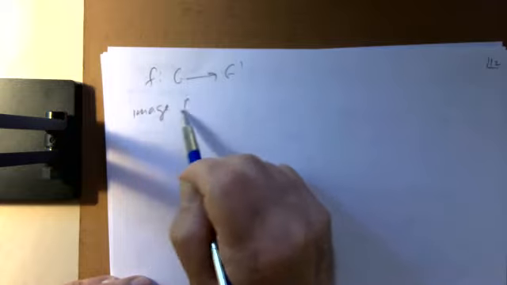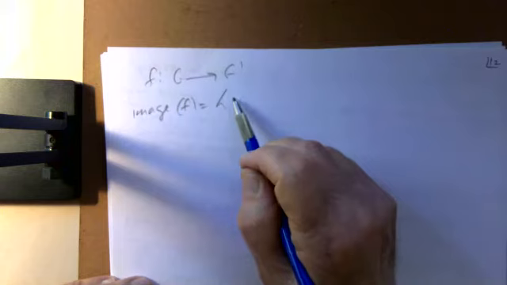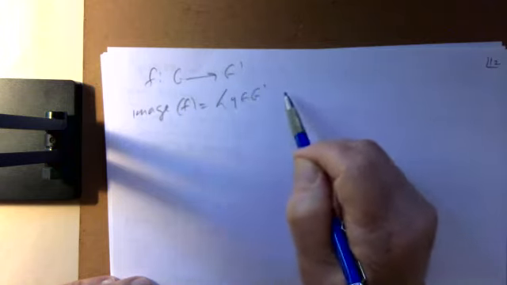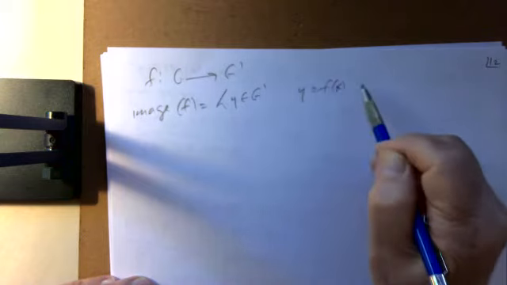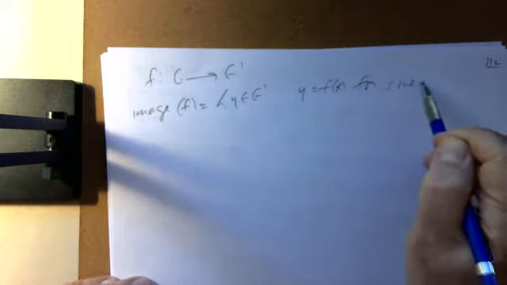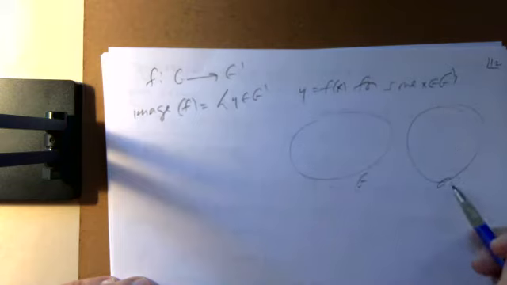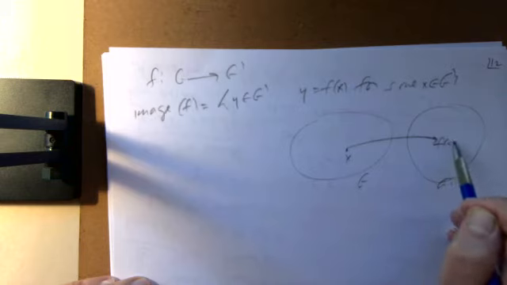What is called the image of f is everything y in G prime such that y equals f of x for some x in G. So here's the picture. Here's G and G prime. You take x, it goes to some element f of x.